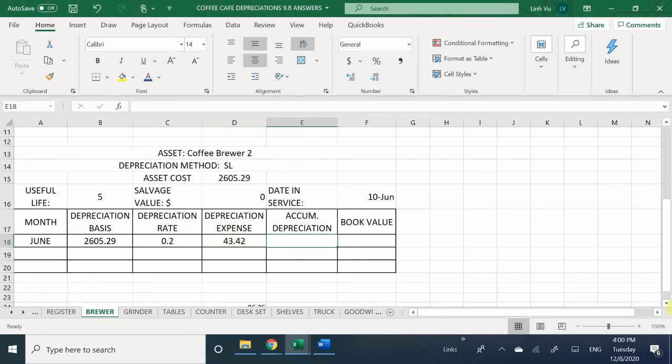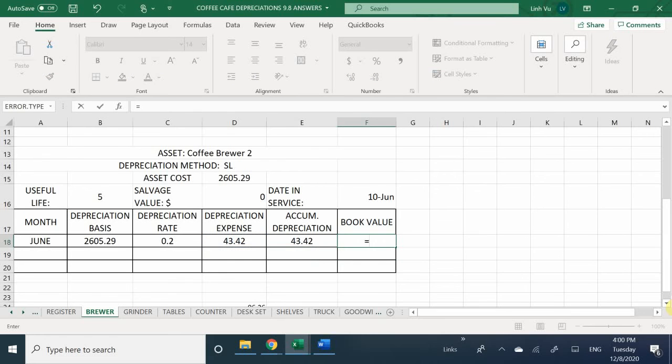Making your accumulated the same. And so your book value is going to be $2,561.87.